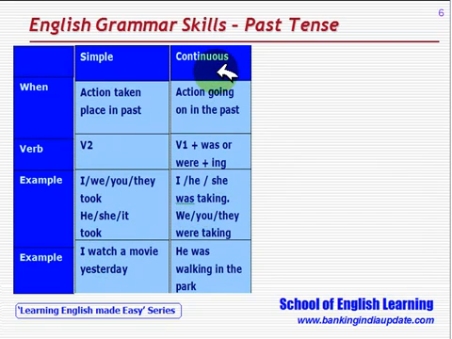Past continuous. It is used where action was going on in the past. Here first form will be used. It will be supported by was in case of singular, were in case of plural, plus ing. For example, I was taking, he was taking, she was taking.